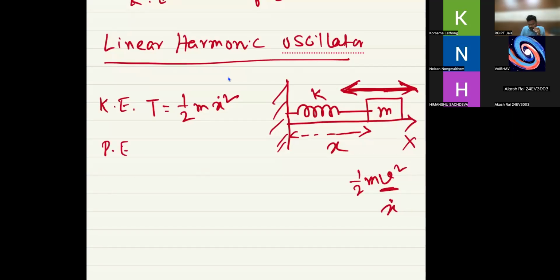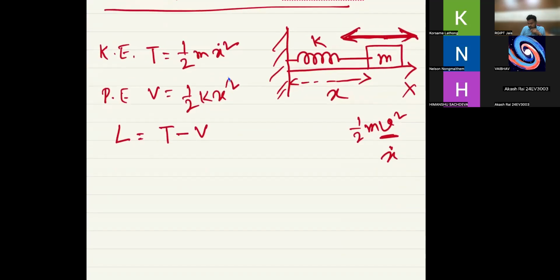What is the potential energy? Somebody already said that it is half k x square. So what will be the Lagrangian in this case? Lagrangian is basically, I told you, T minus V. T in this case is half m x dot square minus half k x square.